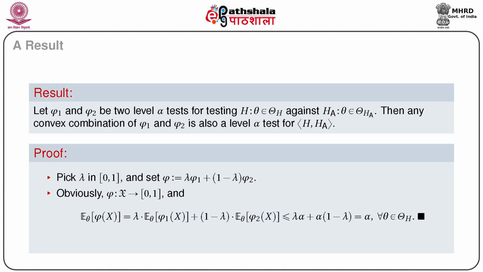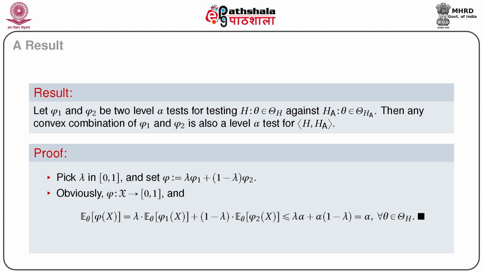Moreover, the expectation of phi(X) under theta is equal to lambda times the expectation of phi 1(X) under theta plus 1 minus lambda times the expectation of phi 2(X) under theta, which is less than or equal to lambda times alpha plus 1 minus lambda times alpha for all theta belongs to script Theta_H.